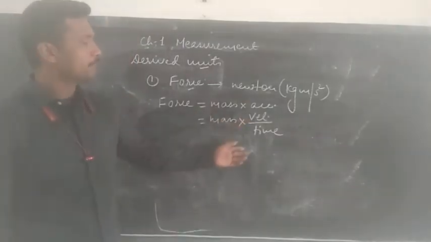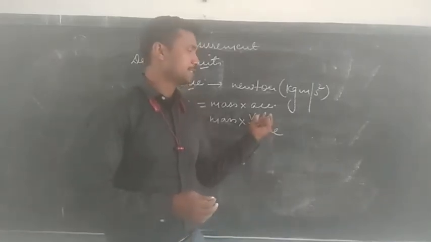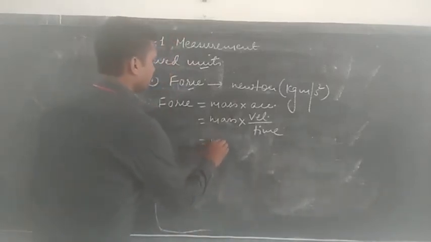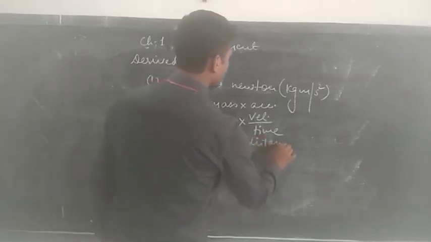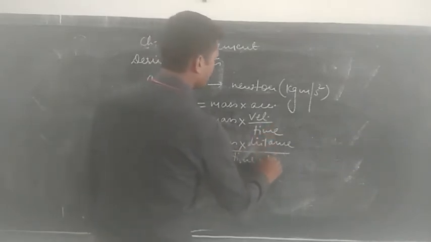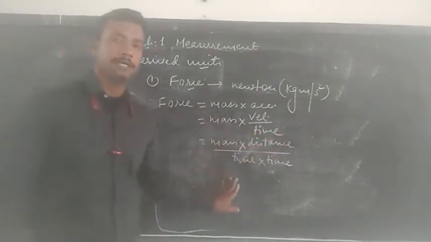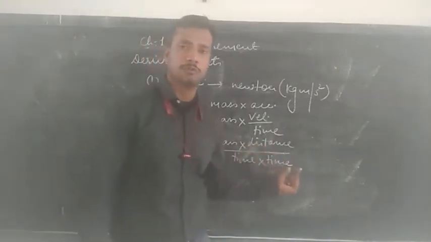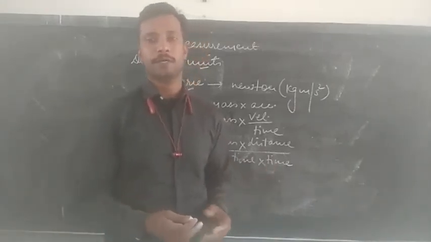Again, mass and time both are fundamental quantities. So express this velocity now in terms of fundamental quantities. Velocity can be written as distance divided by time, and one time is already there. Now all these quantities are in the form of fundamental quantities, even distance, because distance is a kind of length, and length is a fundamental quantity.